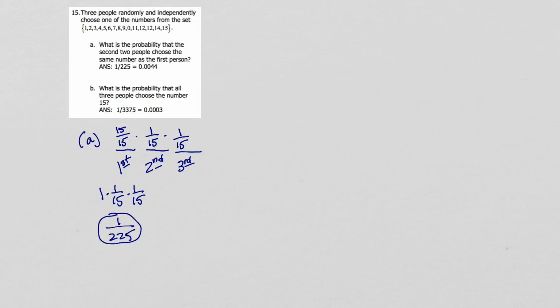You could leave it like that, or you can convert it to a decimal as 0.0044. If we just go to thousandths, about 4 times out of 1,000 that would happen.